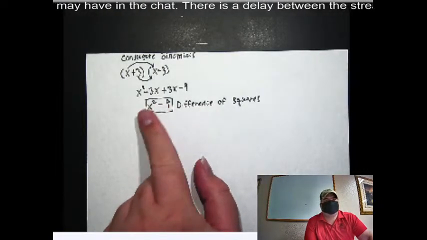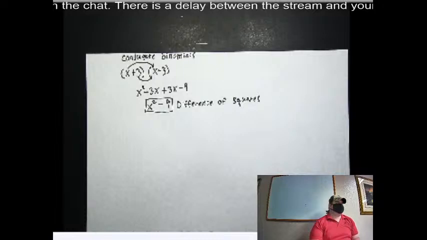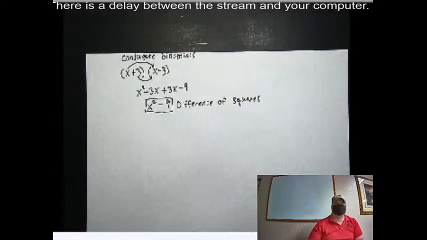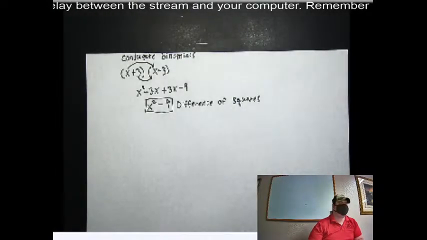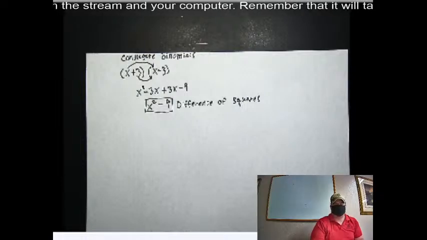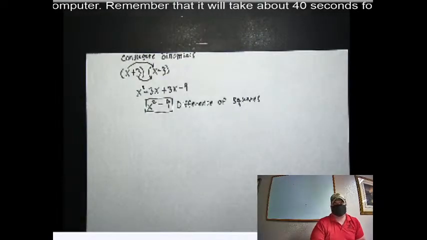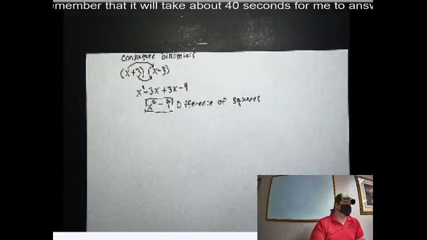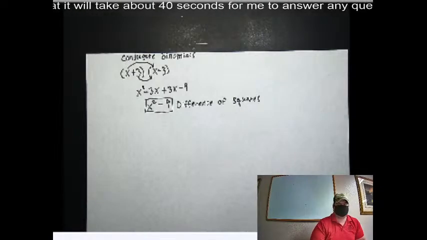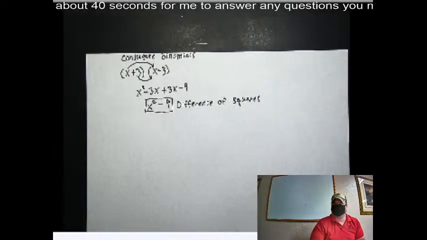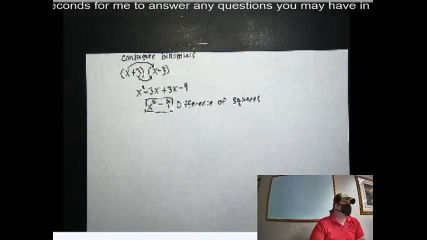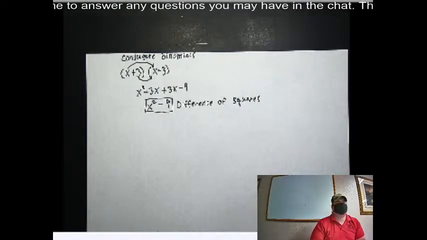So this is a difference of 2 squares. Does that make sense why we're calling it that? Okay. These are extremely important to us. And we might not get to it today, but we will definitely get to it on Wednesday. Any questions? Okay.